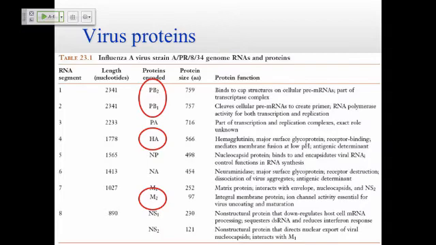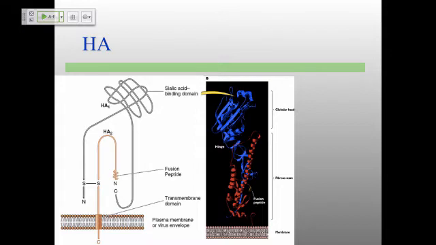But first, I want to talk more about HA. This is the structure that we've seen already. This is just one monomer of the trimeric structure over here on the right-hand side. It's made originally as one polypeptide, then gets cleaved through cellular proteolysis. There's no protease encoded anywhere in the influenza virus genome. So it's a cellular protease which cleaves this protein. There's a cartoon over here.